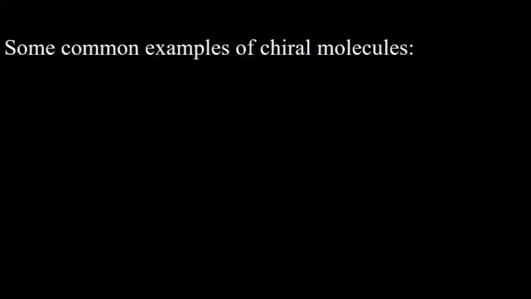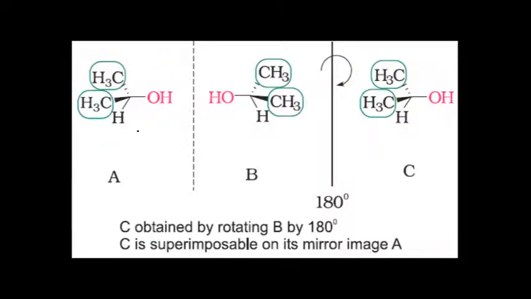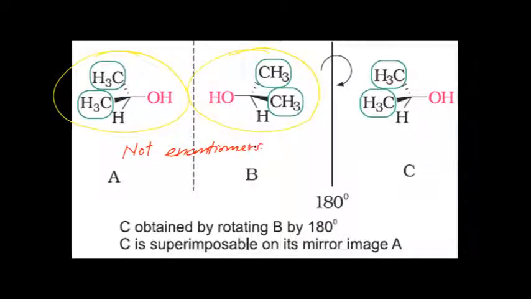So remember, in this case, these two are not enantiomers. The reason is that these are superimposable. These are not chiral molecules. So enantiomers are related only to chiral molecules.